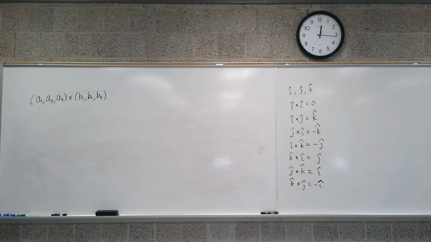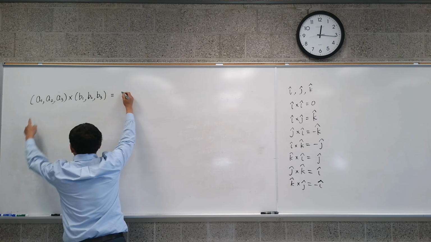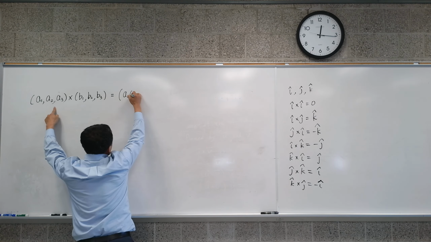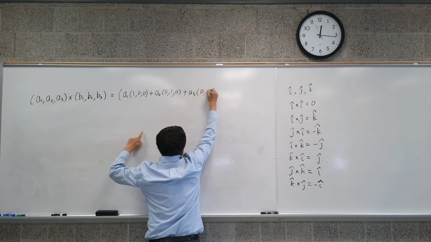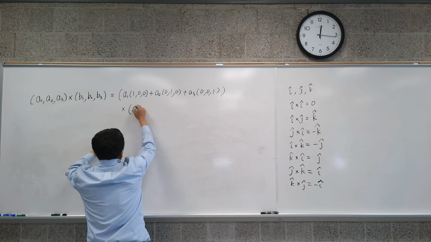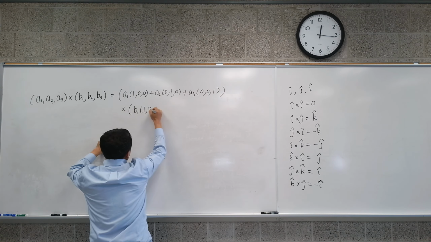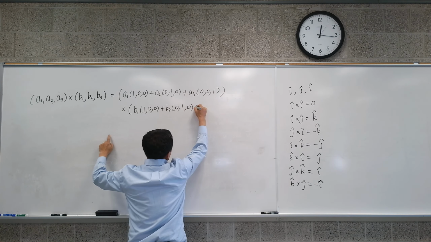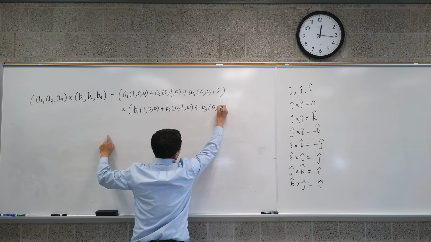And the way we do it is by saying, well, that's same thing as A1 times 1, 0, 0 plus A2 times 0, 1, 0 plus A3 times 0, 0, 1 cross B1 times 1, 0, 0 plus B2 times 0, 1, 0 plus B3 times 0, 0, 1.